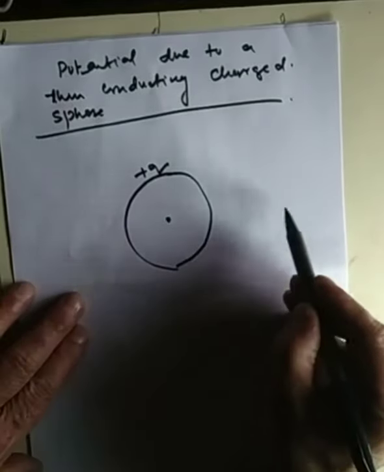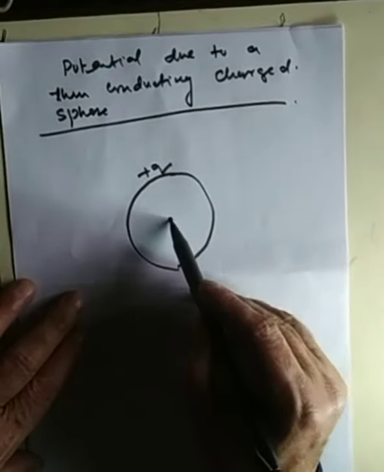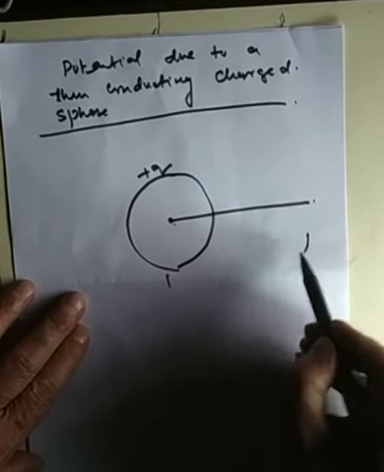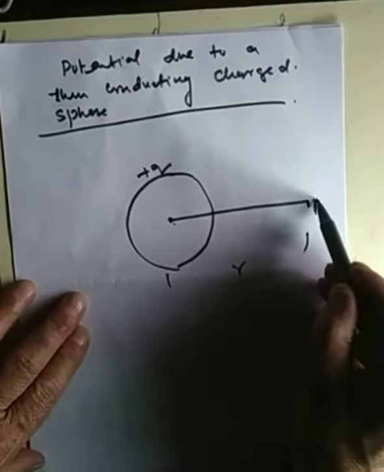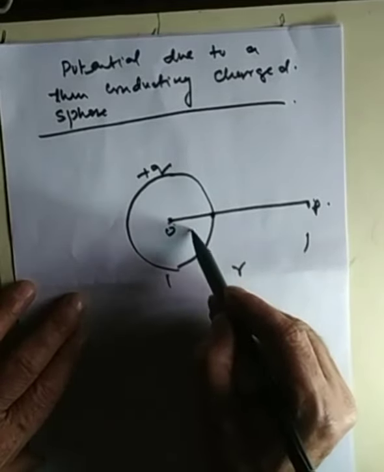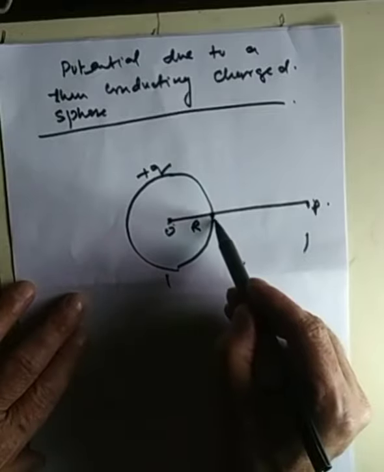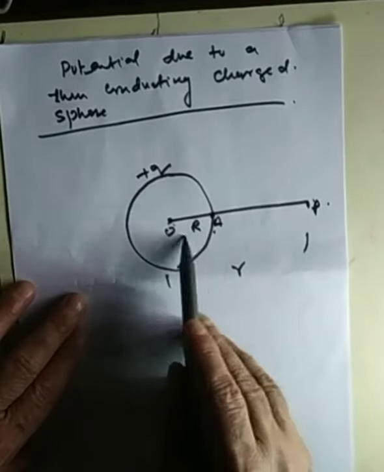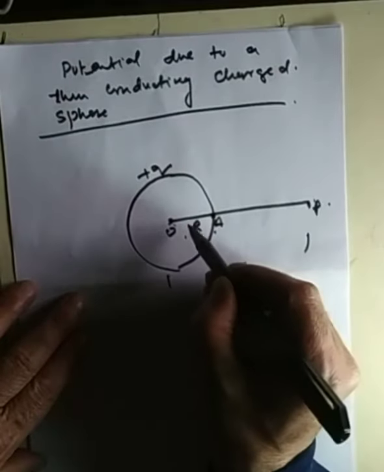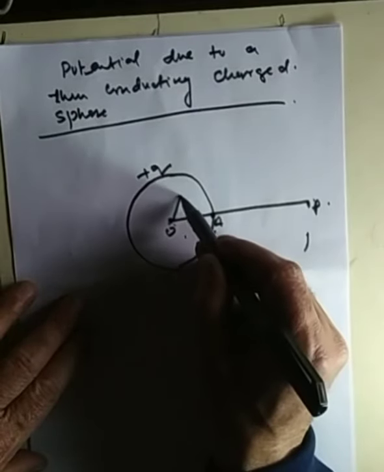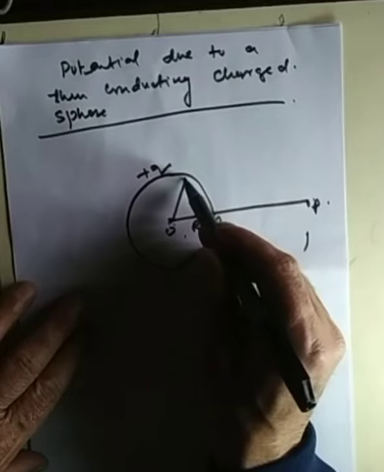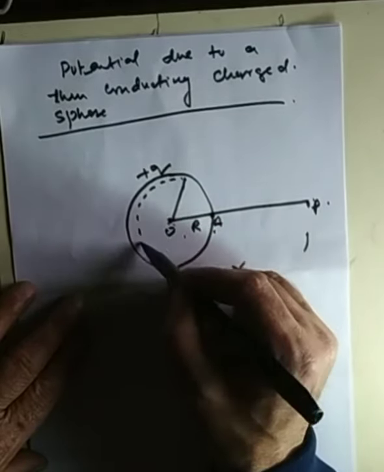Now we have to find the potential outside it, at point P, at distance r, where OA is equal to R, the radius of the sphere, and also inside it, anywhere inside it.